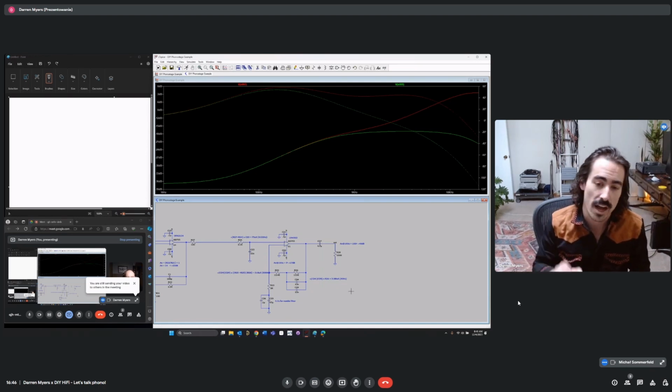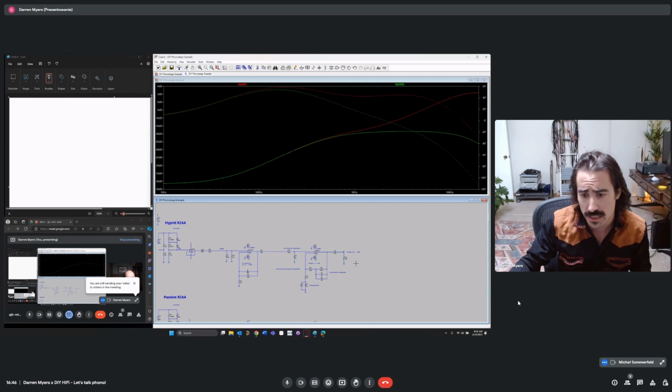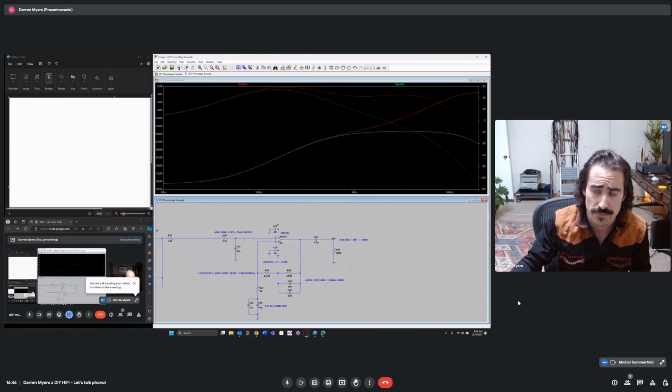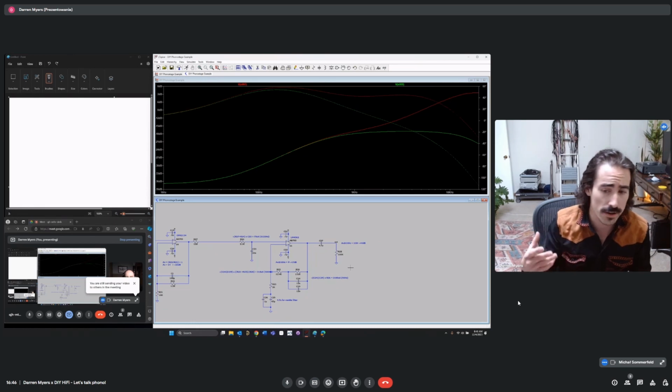So that is one of the reasons why I recommend the hybrid RIAA, because it has this advantage of headroom over, say, a standard passive one. There are also some reasons why, for instance, you brought up having enough open loop gain or feedback available in the amplifier at high frequency to apply that gain.